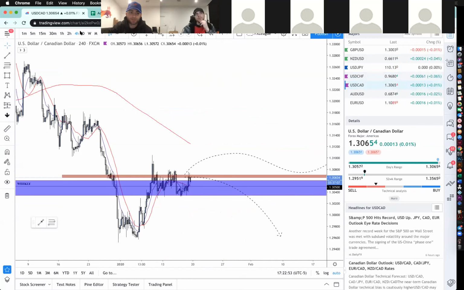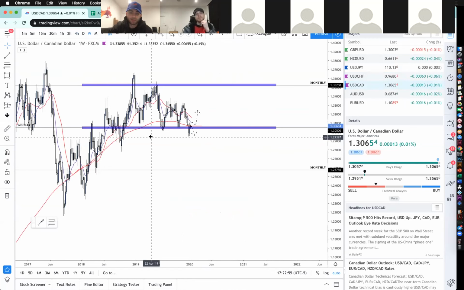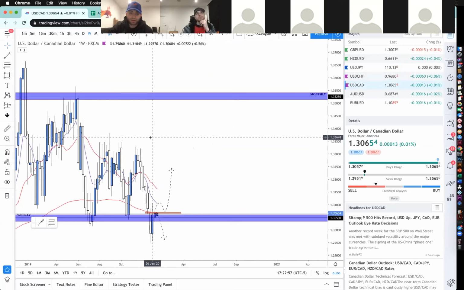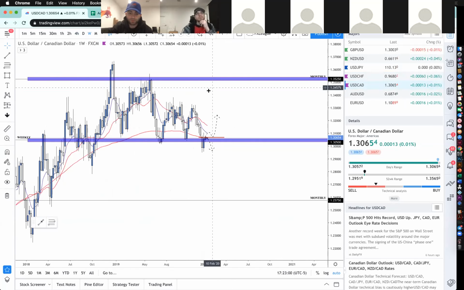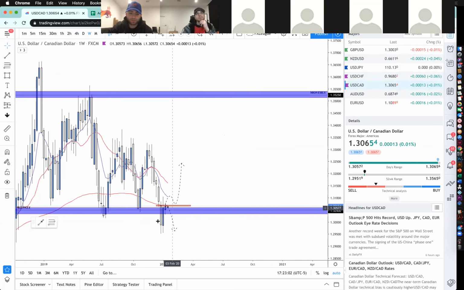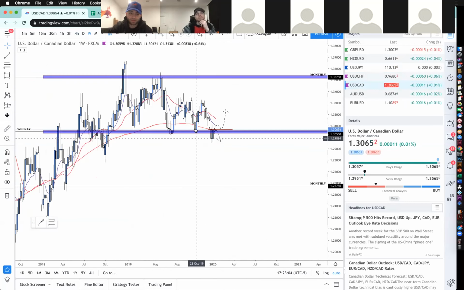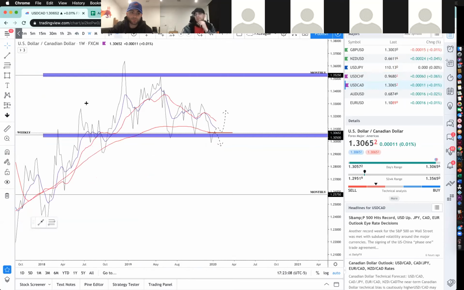So let's see USD CAD. We fell below this 200-day moving average, and we're right at this level of support, or key level, that's been rejected or respected, whatever.